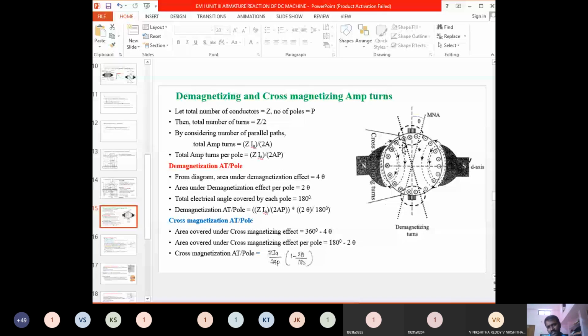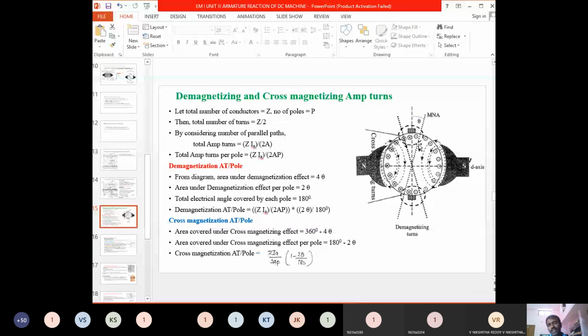So the conclusion is that for the conductors under the North Pole, the current will be inwards or entering, and for the conductors under the South Pole, the current will be outwards, which is the dot symbol.